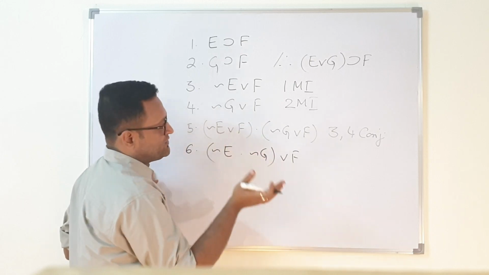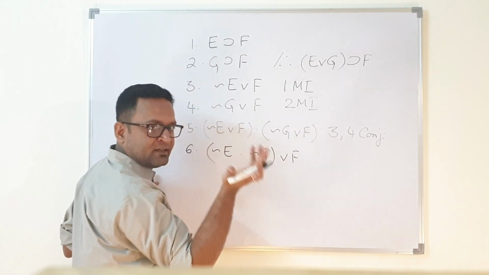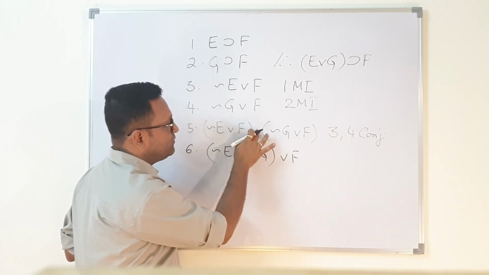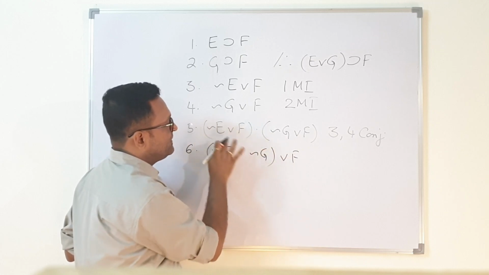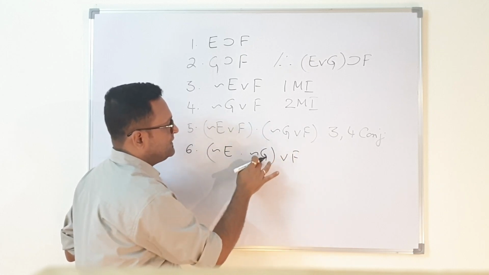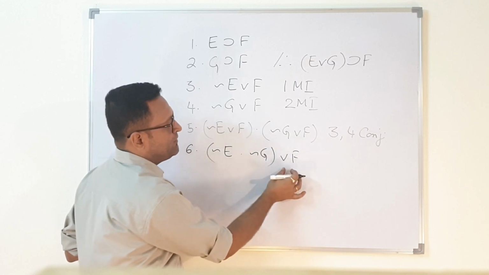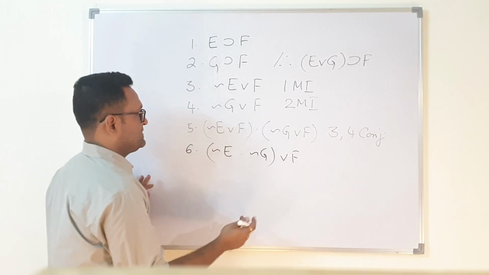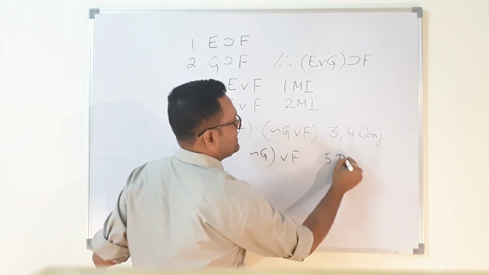So applying distribution from this side to this side is a little bit difficult. So what you should do is put this dot in between, and the common part, wedge F, you take it out. So it is distribution.